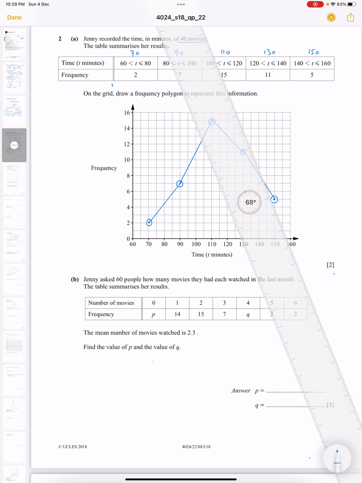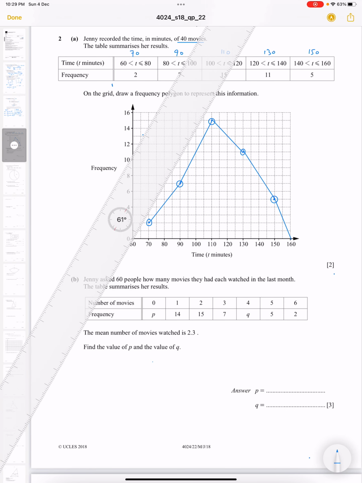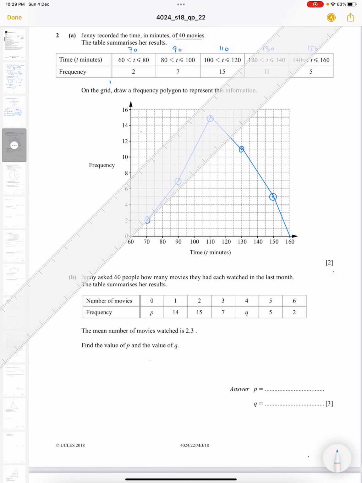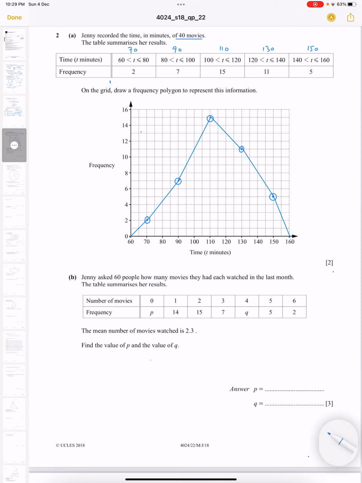This is the frequency polygon. Let's join this here with 160. As the last value is 160, this polygon should be a closed polygon. And since it's starting from 60, join here to 60. So that's the frequency polygon.